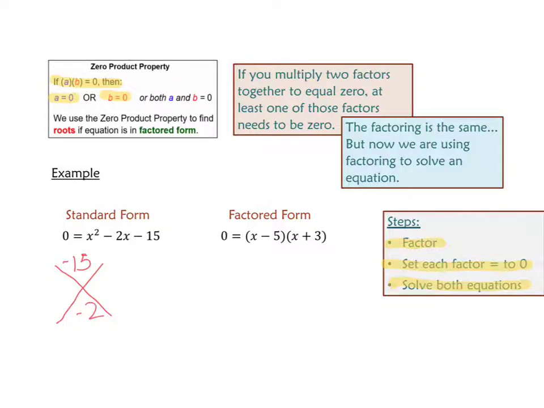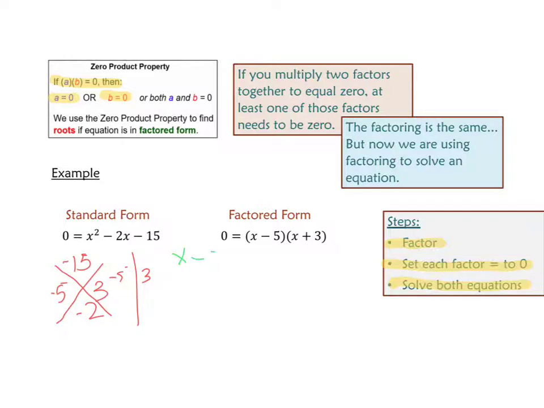B is negative 2, and negative 5 times 3 is negative 15, and it also adds up to negative 2. So negative 5 is one of our factors, and 3 is one of our factors: x minus 5 times x plus 3. Why is that important? Because we can determine what the roots are by making them equal to 0, like this.